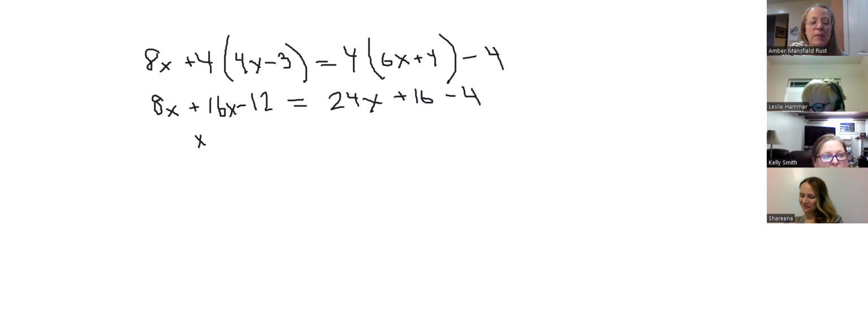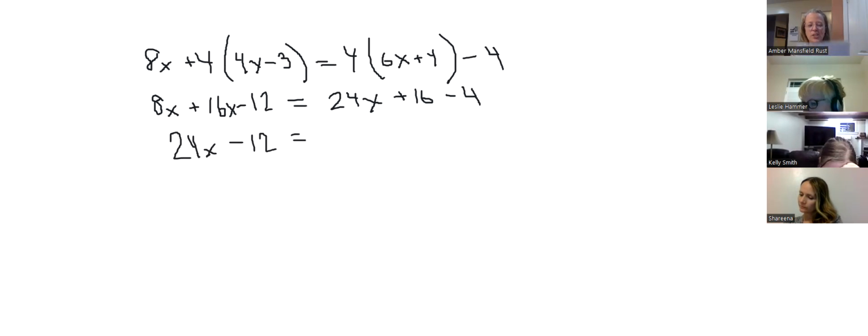But we can simplify on this side. Combine the x. Right, exactly. So what would that be? 24x minus 12 equals 28. This one's gonna be cool.